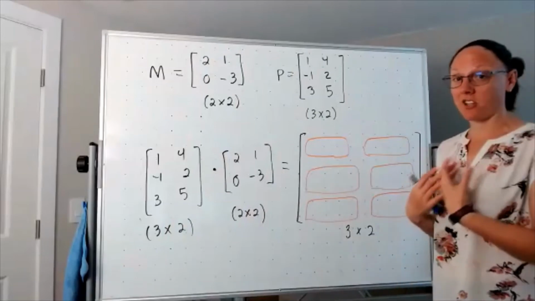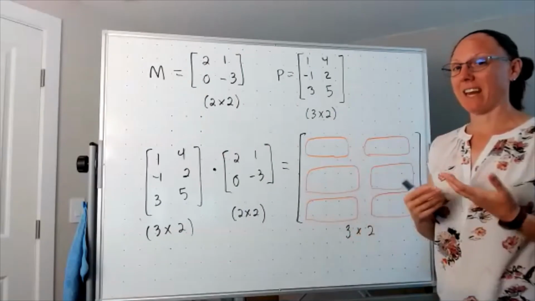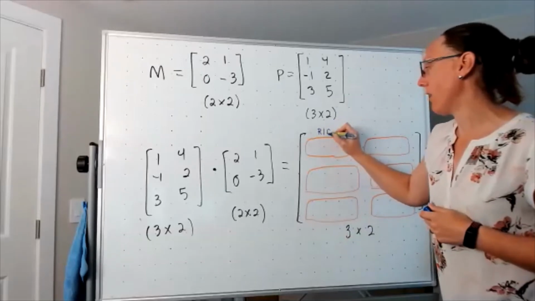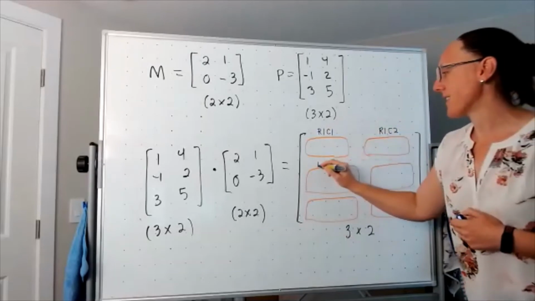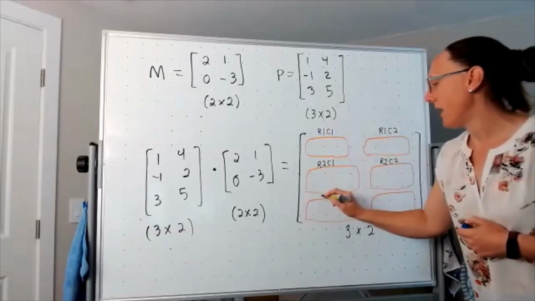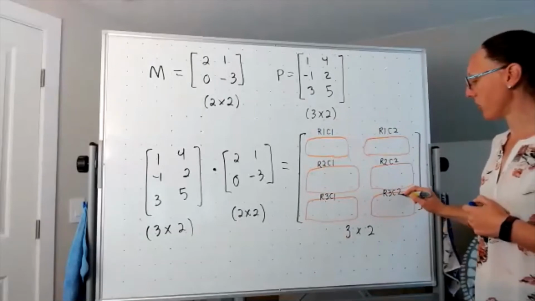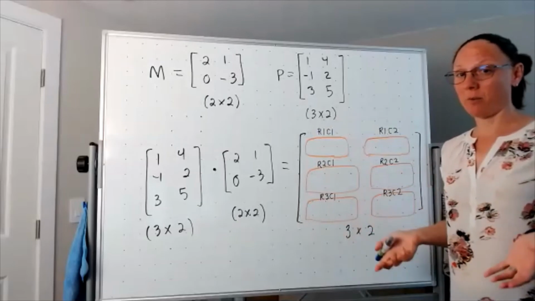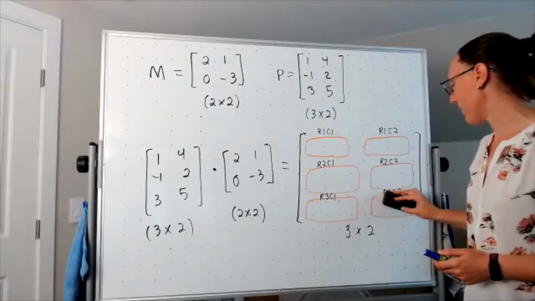So the first thing that I do is I get the 6 pieces that I know I have to fill in, and then I label their coordinates. So this is row 1, column 1. That is row 1, column 2. This is row 2, column 1, row 2, column 2, and finally row 3, column 1, and row 3, column 2. And the reason that I label them, at least when you're first getting started with matrix multiplication, is it helps to remind me what arithmetic I'm actually going to be doing.